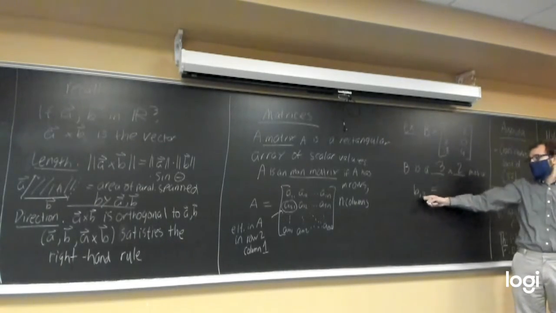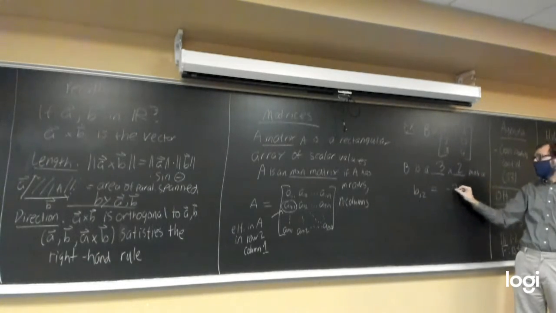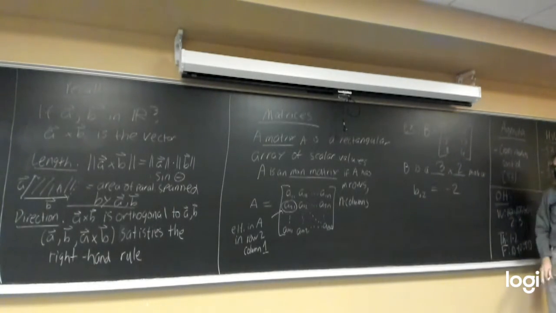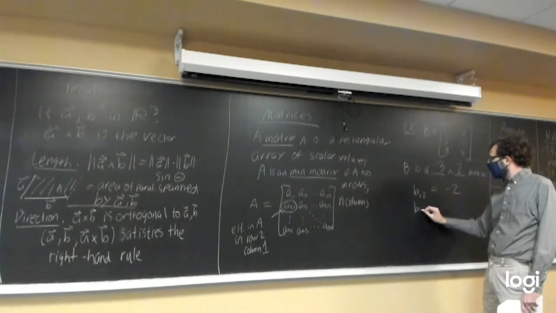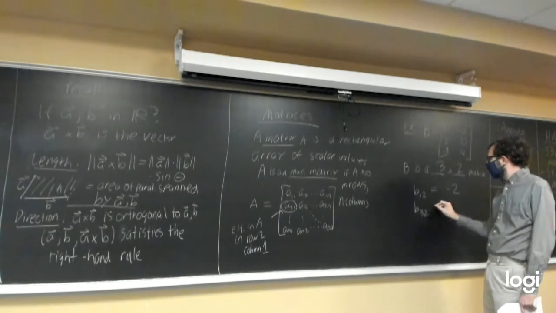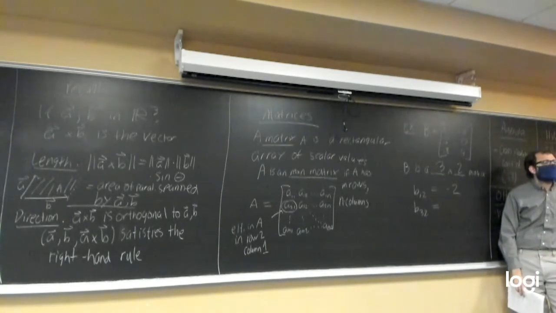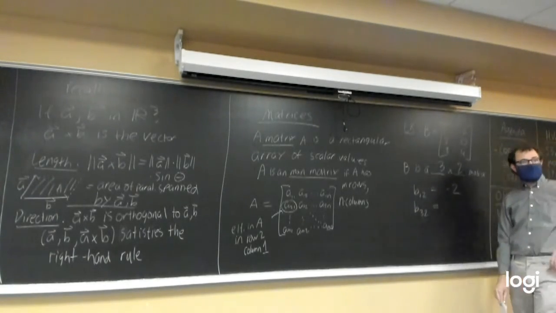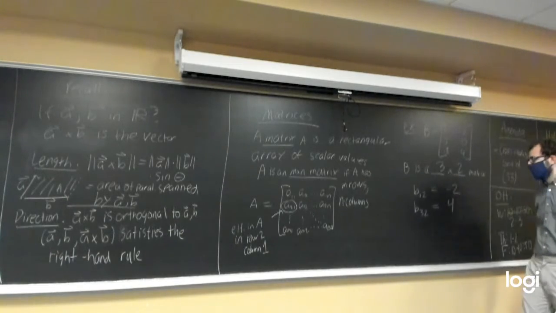The 1,2 means we go to the first row, to the second column, and that gives us negative 2. How about little b sub 3,2? It's 4. Third row, second column, gives us a 4.